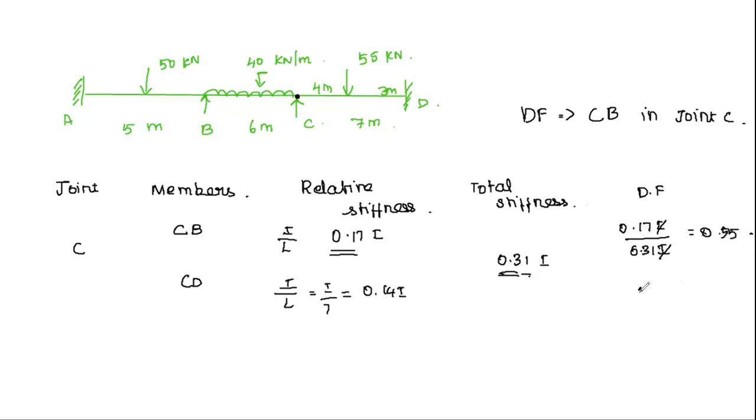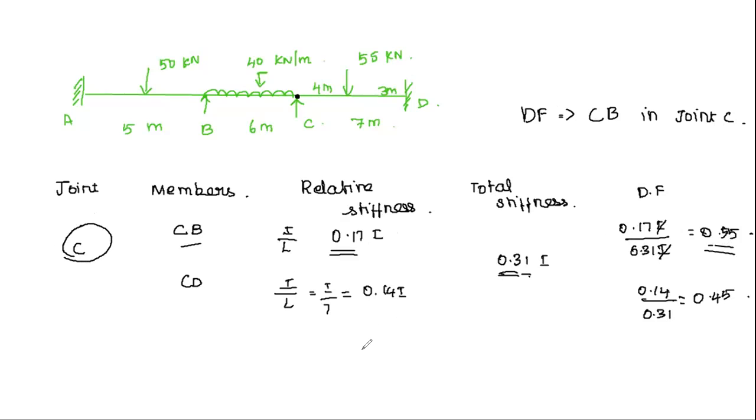Here 0.14 divided by 0.31 is equal to 0.45. What is the question they have asked? The distribution factor for the member CB in joint C. In joint C, the distribution factor of member CB is 0.55.